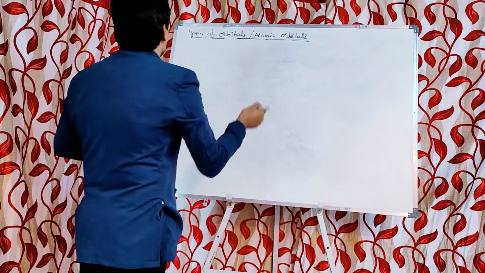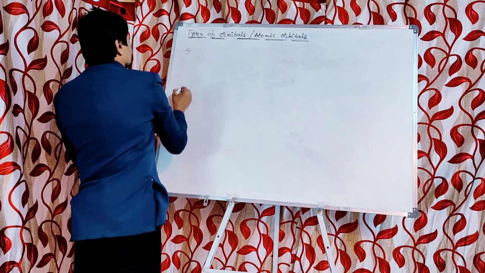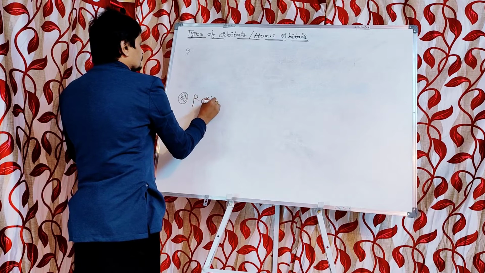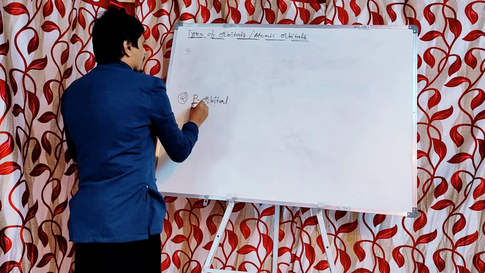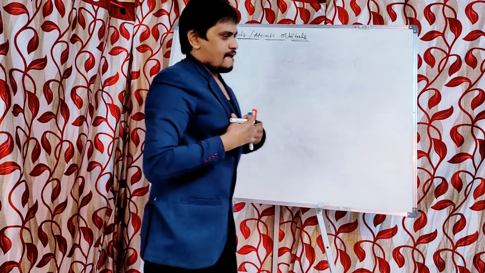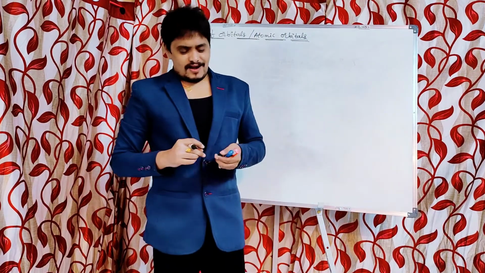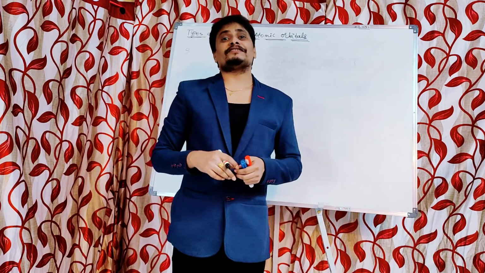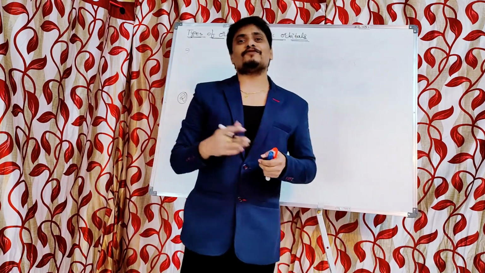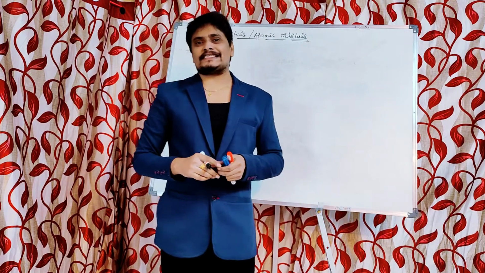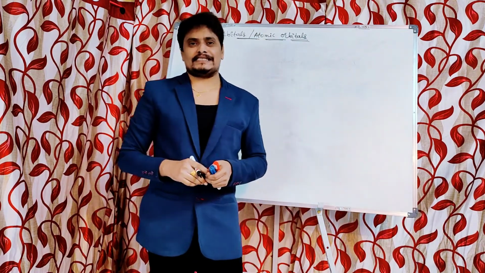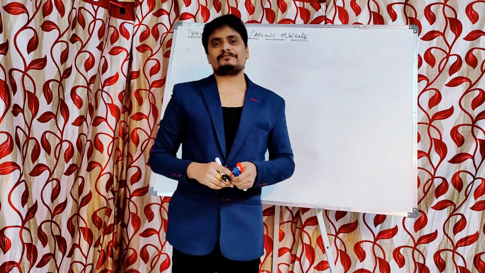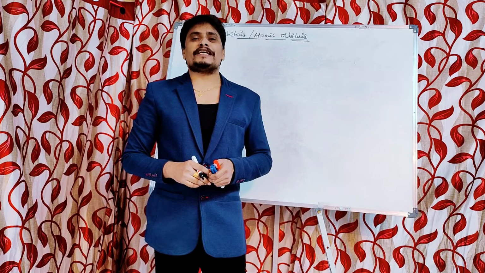Right. So, the p orbital. The p orbital is classified into types. Sorry, it is of three types: px, py, and pz.